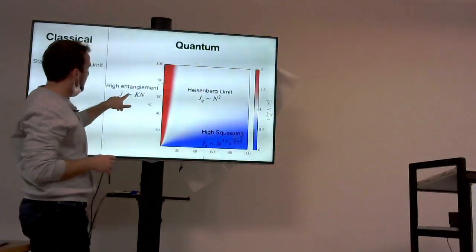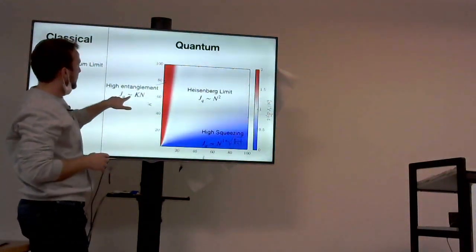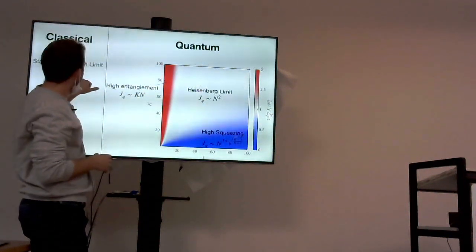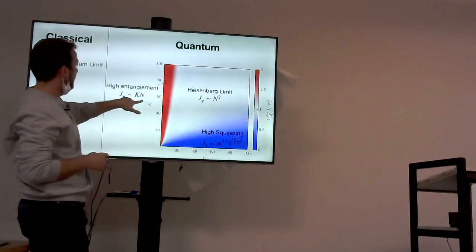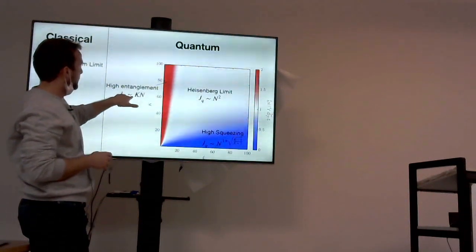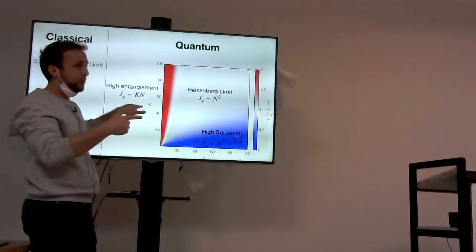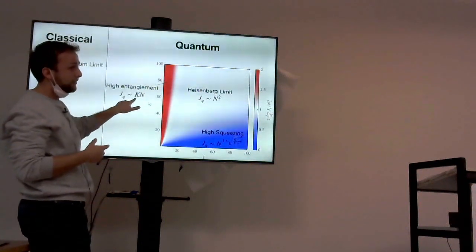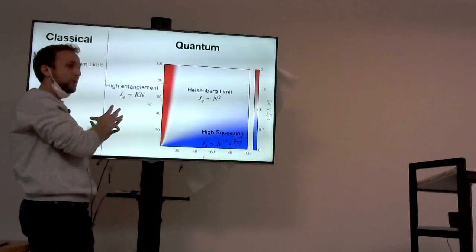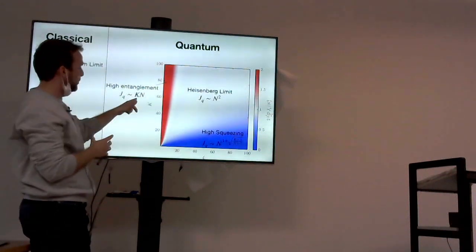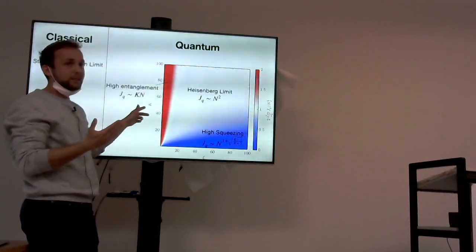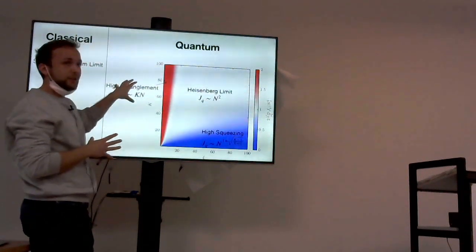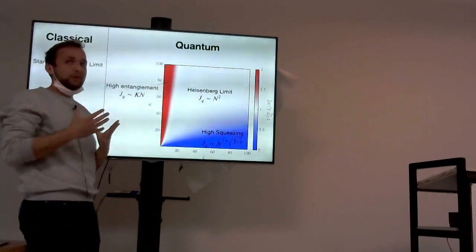And there we find a scaling of k times n. So we still have this scaling proportional to the number of photons, but we have an enhancing factor of k, and this k can be really big. This could be 400 or something like this. So in this regime, we have a big quantum advantage.